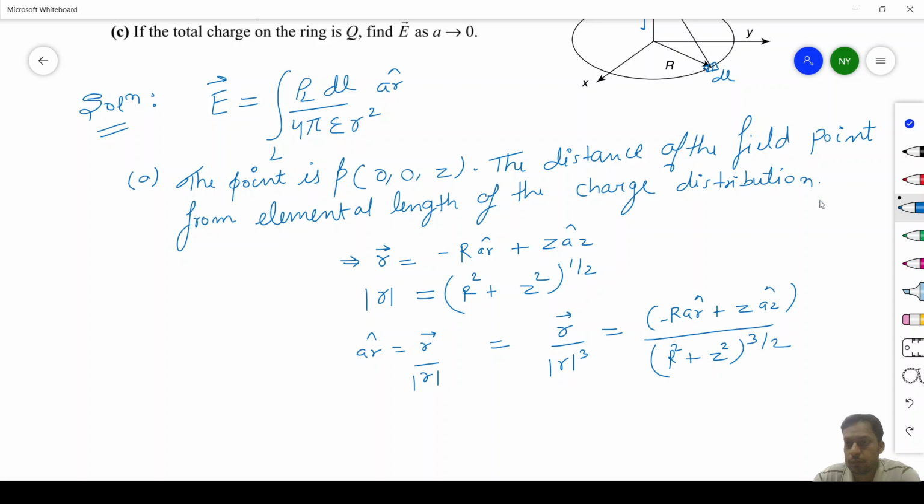Therefore, putting the value, also this line integral is in the phi direction. Say phi. This is the phi direction. A phi. Okay, so this is the phi direction.